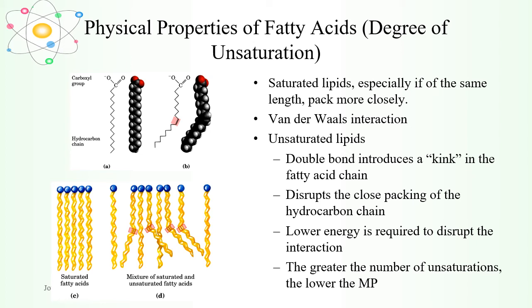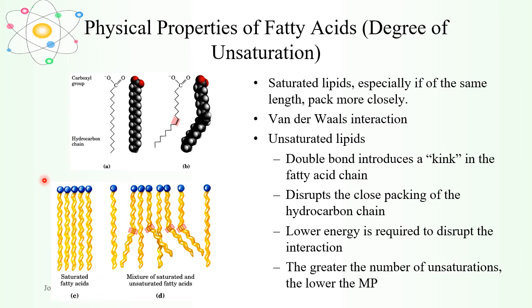So why is there a change in the melting point due to the presence of unsaturations? If you look at saturated fatty acids, they can line up pretty well with each other, so it's conducive to producing a packed structure.